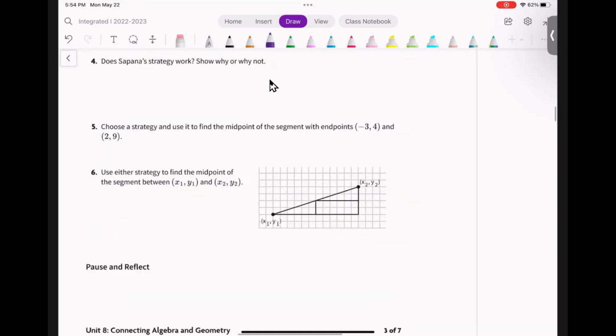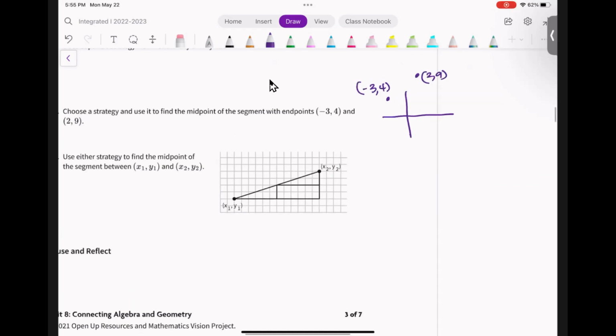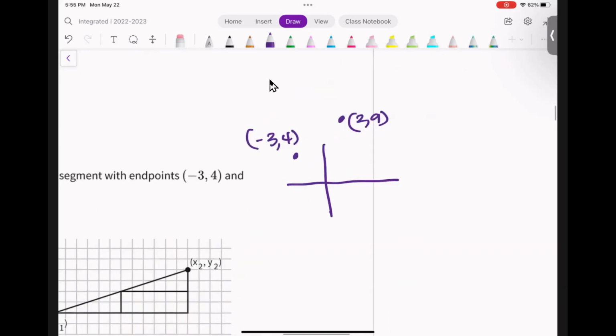All right, now that you're back, I'm going to show you. So Malik's strategy had you graphing them. So -3, 4 is here. And 2, 9 is here. Okay. And then what he did is he wanted to find the midpoint by kind of looking at the triangle here.